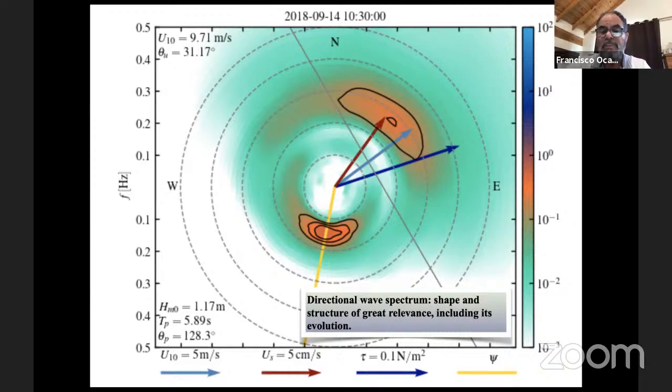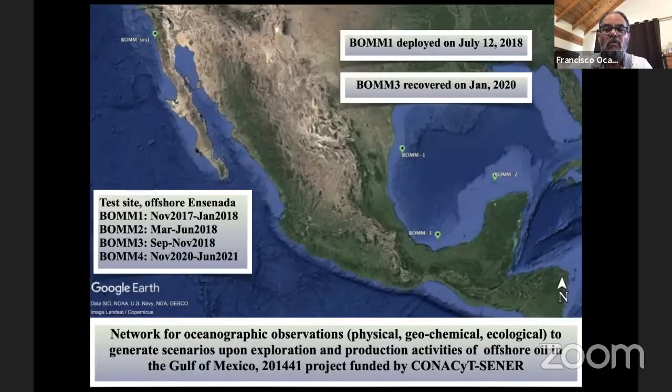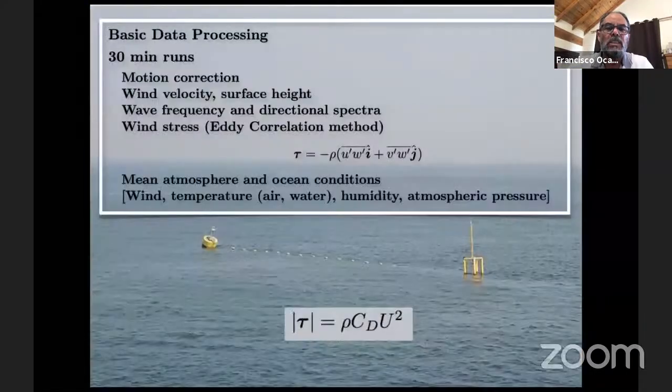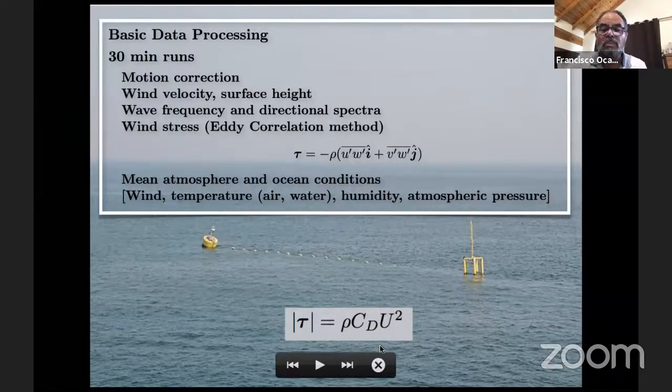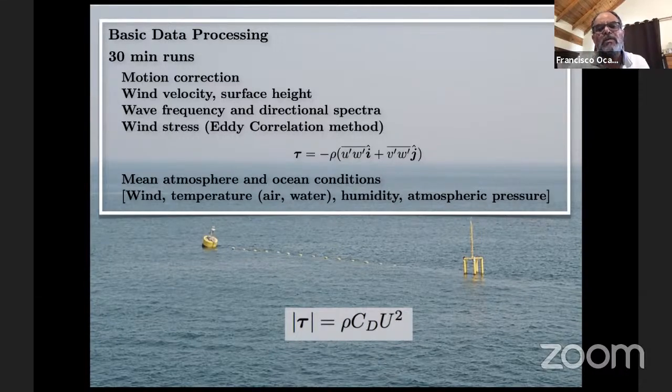Because if you work with broader scale, a very easy thing to do, for instance in the case of momentum transfer, is to use this equation, which is the bulk formula for wind stress. But the results obtained from our experiments and from other authors as well show that, just as an example, the direction of the wind stress is not always aligned with the mean wind.